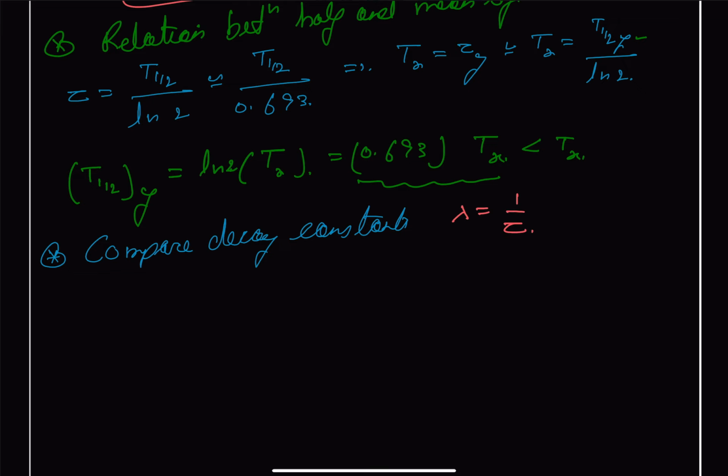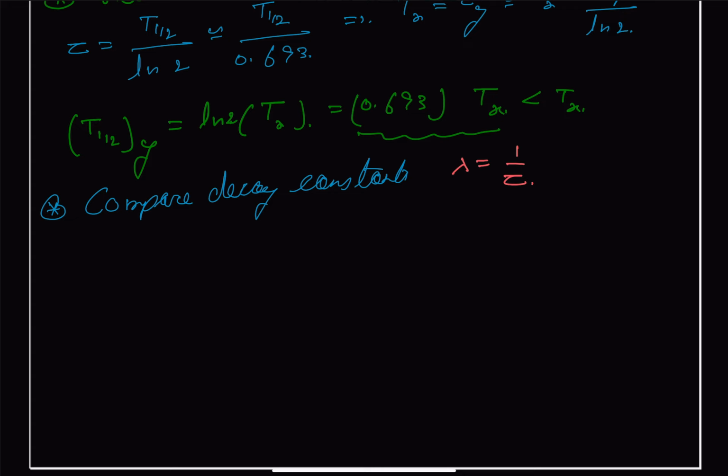So for x and y, we can write lambda of x as natural log of 2 over half-life of x, and lambda of y is equal to 1 upon tau y, which gives us 1 upon Tx.